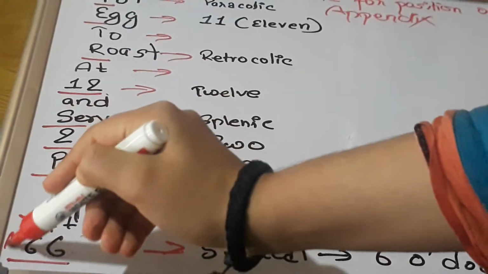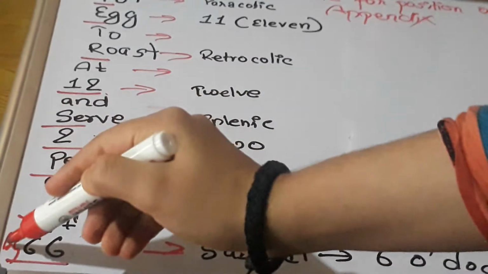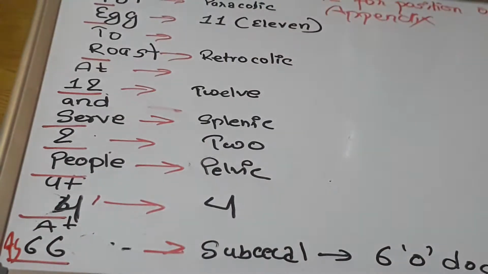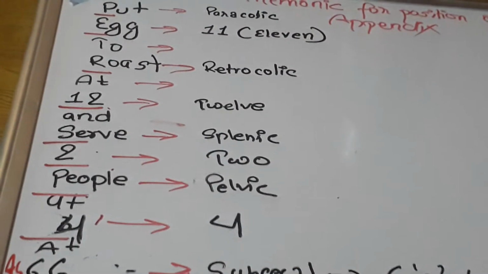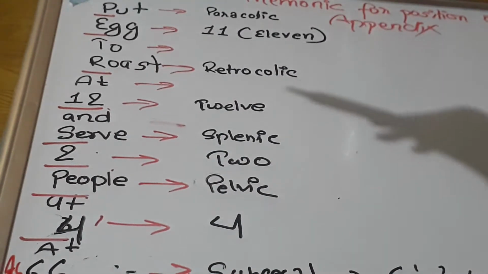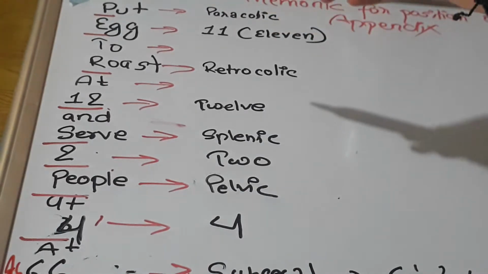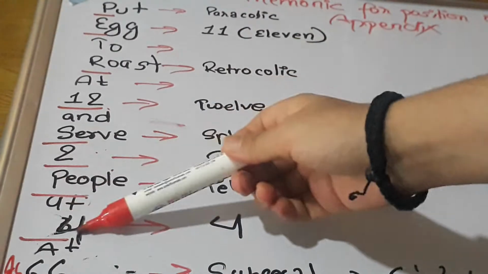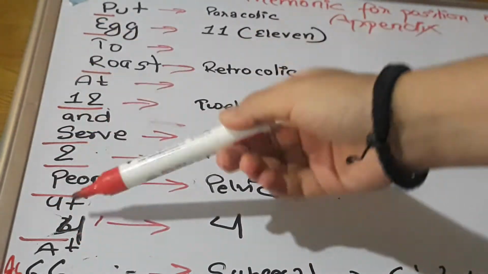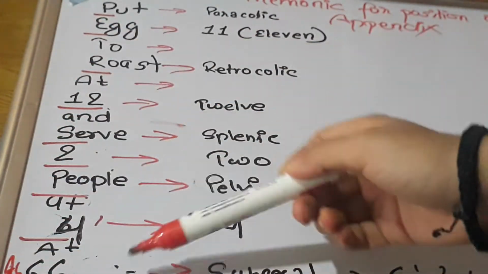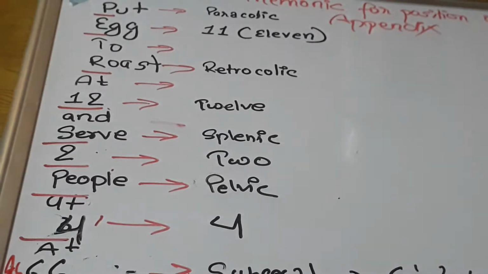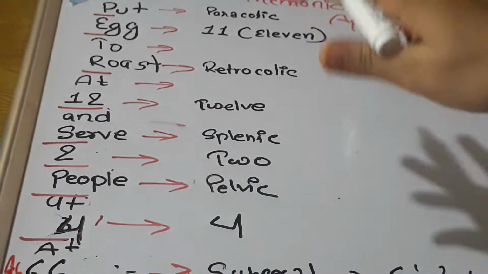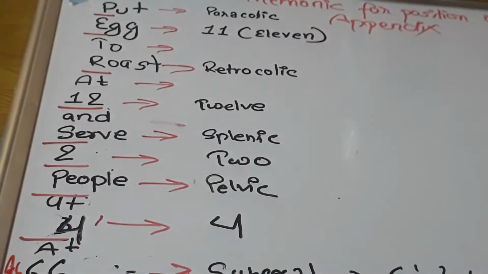This is rupees 66. So once again let me tell you: put egg to roast at 12 o'clock and serve 2 people at 4 o'clock at rupees 66. While looking, the mnemonic might look long, but it is very easy and very fast to remember.